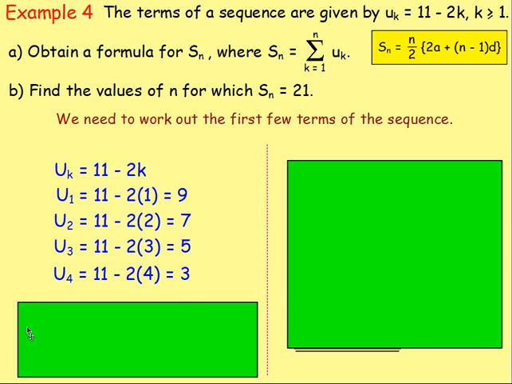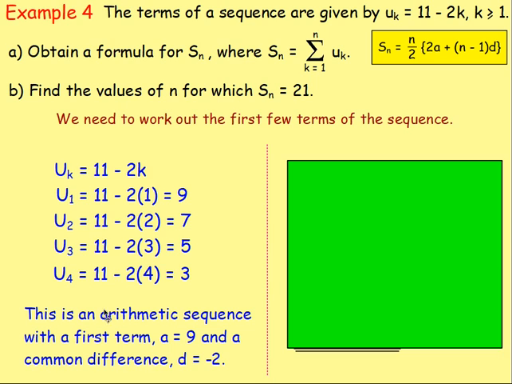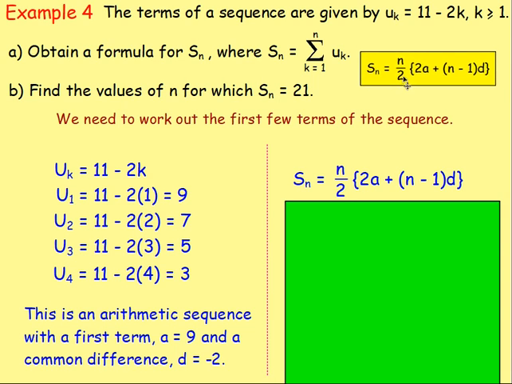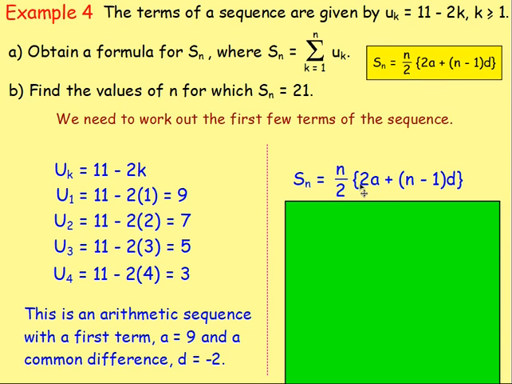We're subtracting 2 every time, so we can say that this is an arithmetic sequence with the first term of 9, so a equals 9, and a common difference, because you're going down by 2, d equals -2. To obtain a formula for Sn, the sum of the first n terms, that is given by this formula here: n over 2 brackets 2a plus n minus 1 d.